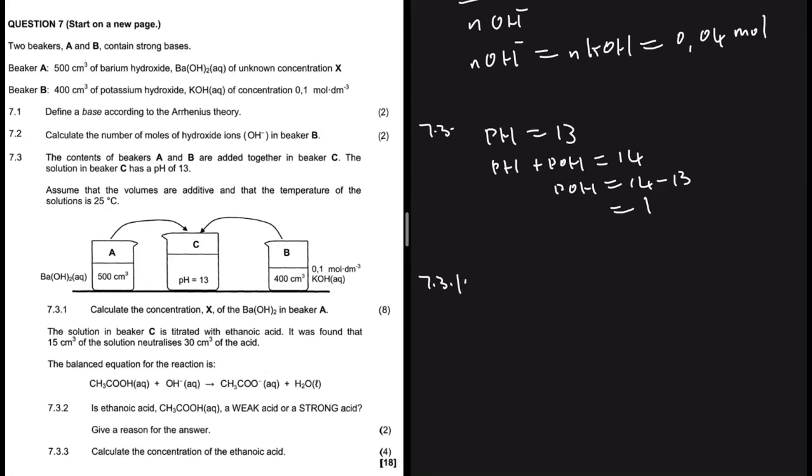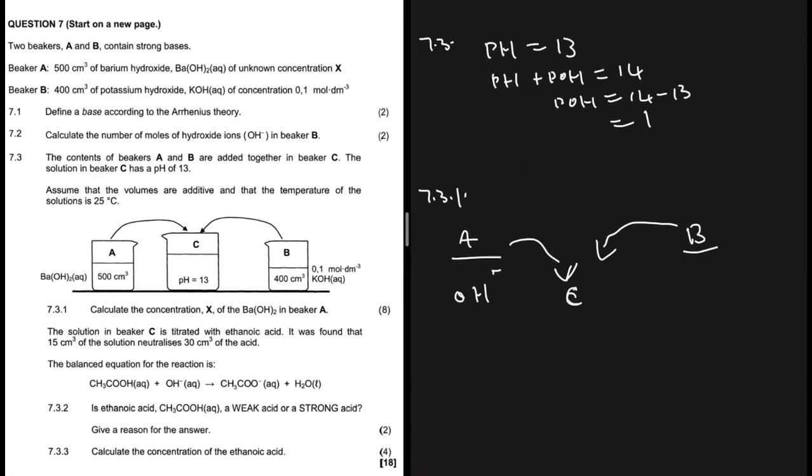Beaker A is being poured into beaker C, and beaker B is being poured into beaker C. Beaker A has its own number of moles of OH that will be poured into beaker C, and beaker B also has its own number of moles that are going to be poured into beaker C. The number of moles in beaker A is unknown, but the number of moles in beaker B is known.